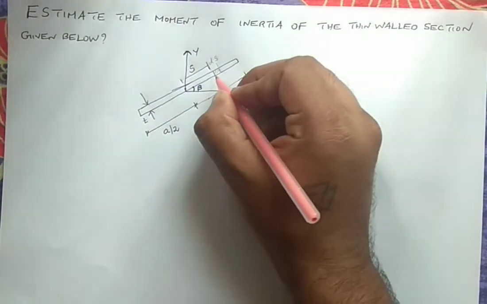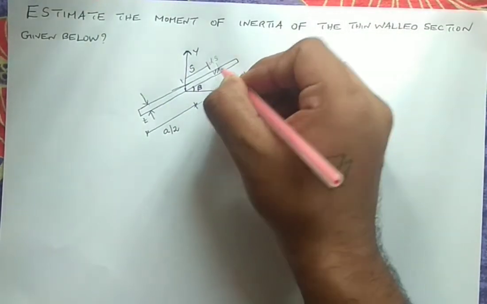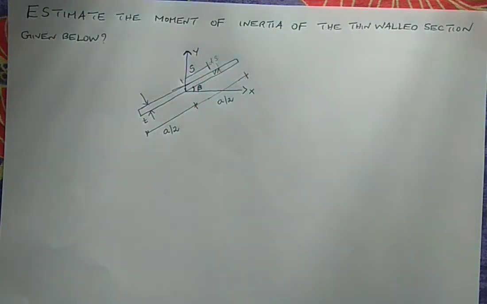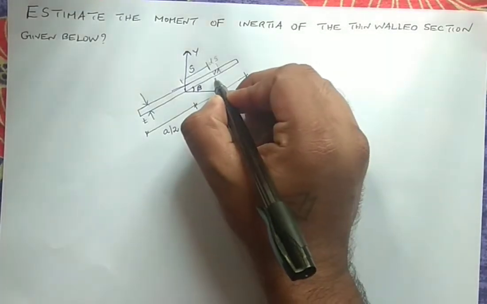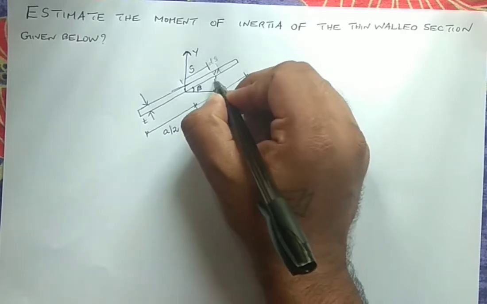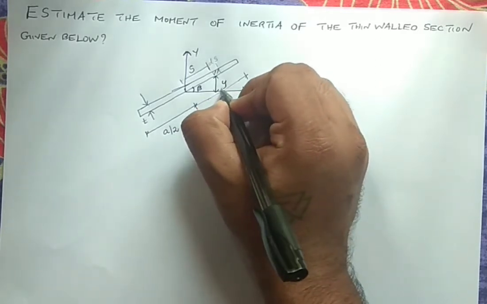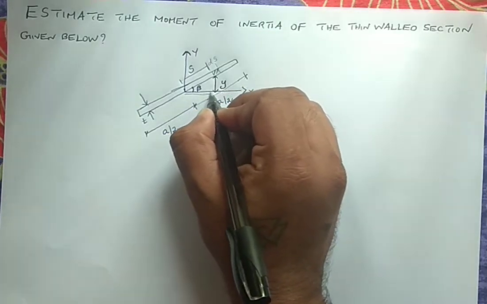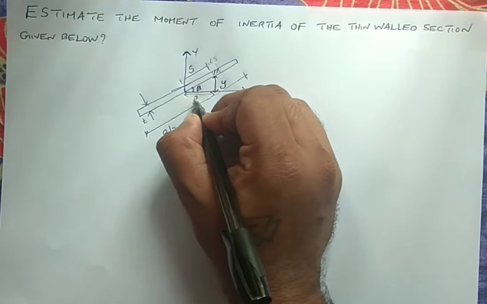This element is at a distance y from the x-axis, and also at a distance x from the y-axis.